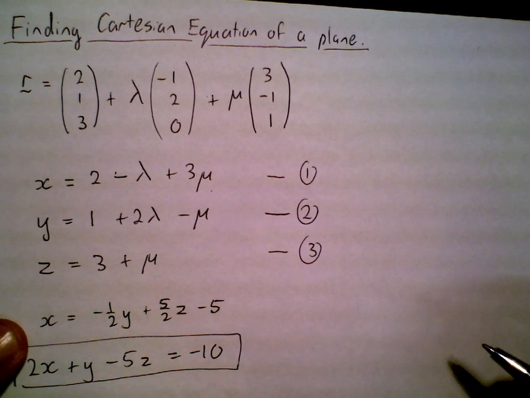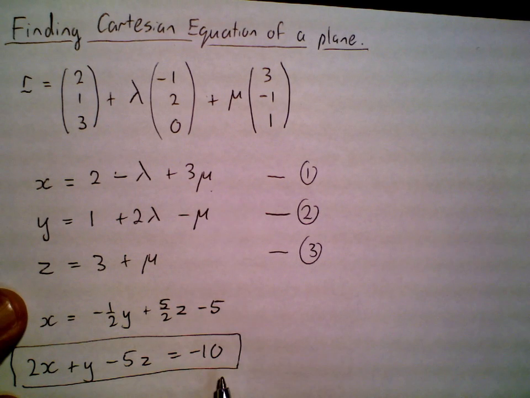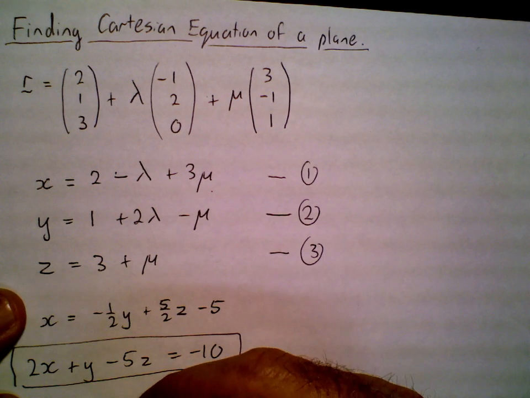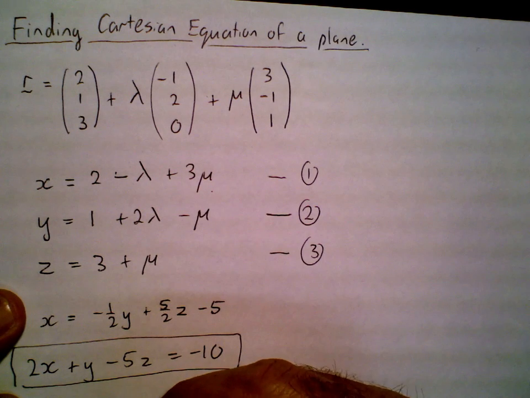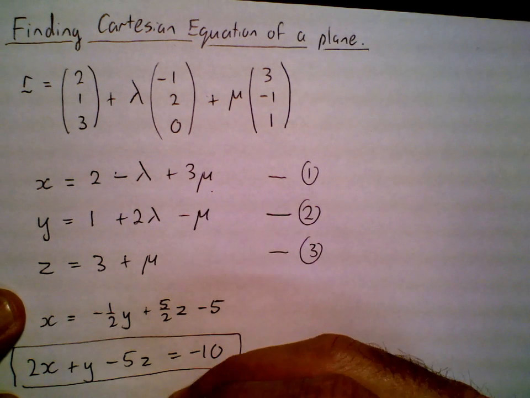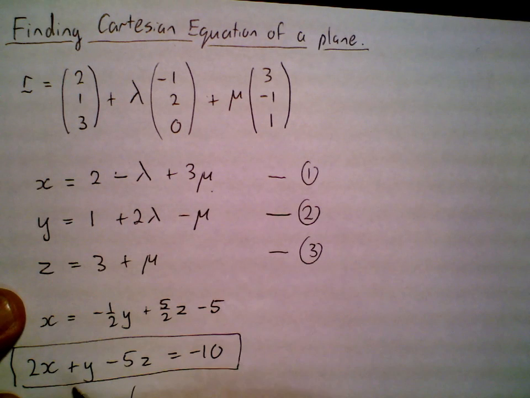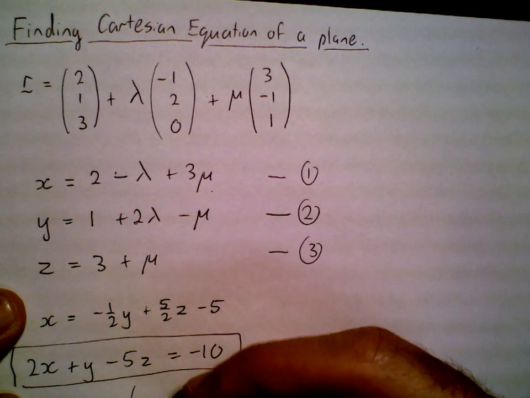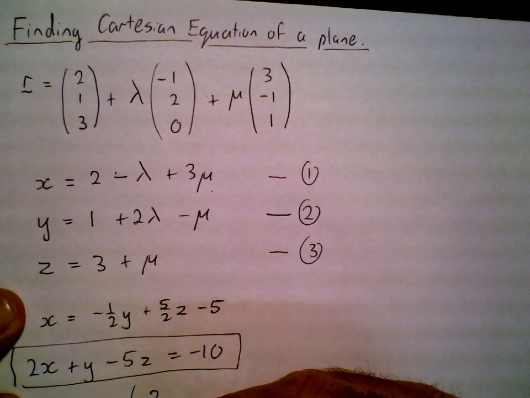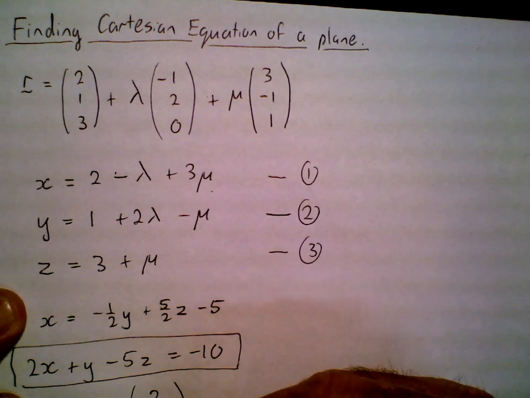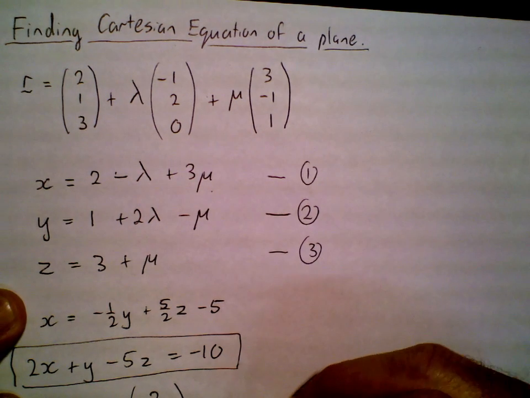Now obviously if we wanted to convert this Cartesian equation into a vector equation in normal form, that's very easy. We just write that as vector r, scalar product with, we use the coefficients of the x, y, and z terms, 2, 1, negative 5, and set that equal to negative 10.